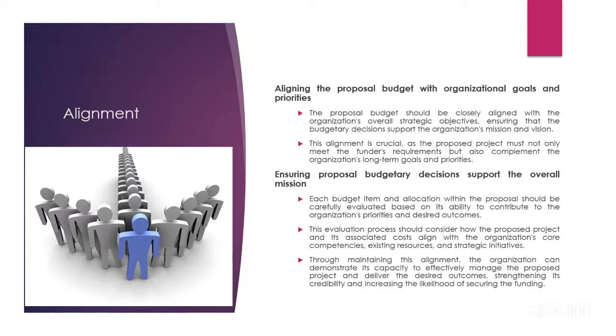So on our budget, there are items to which we need to allocate funds. And when allocating funds to those items, we need to take into consideration the priorities of the organization and the desired outcomes.